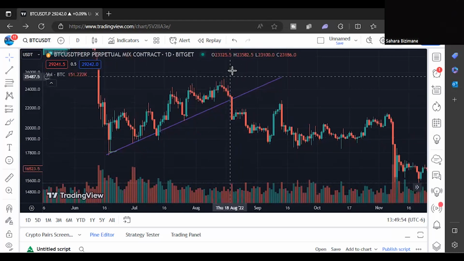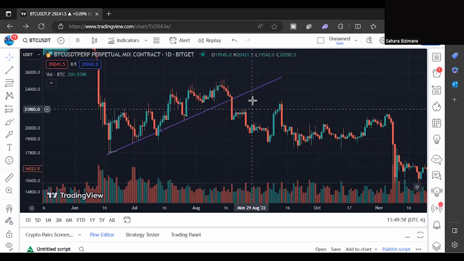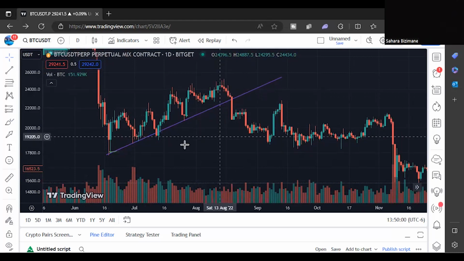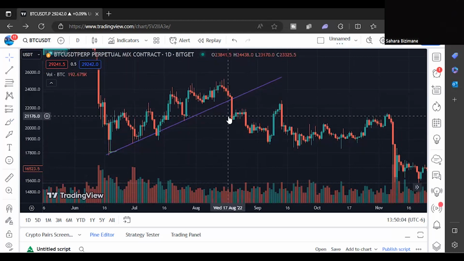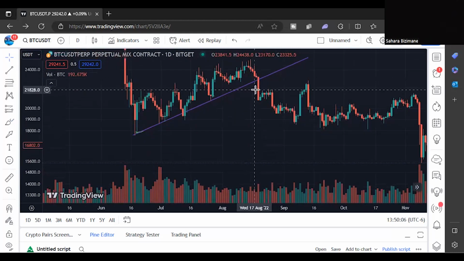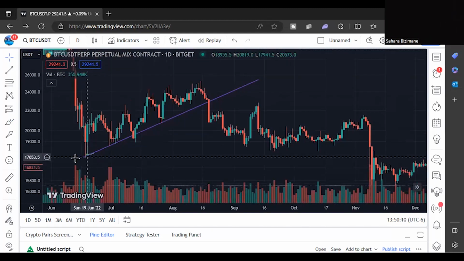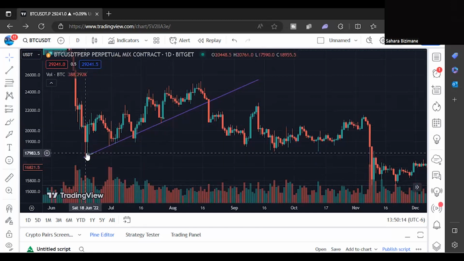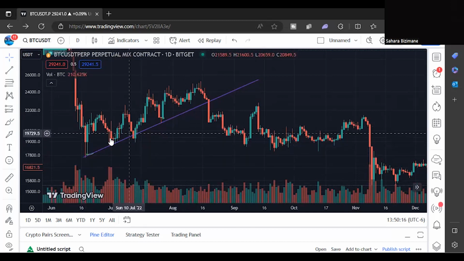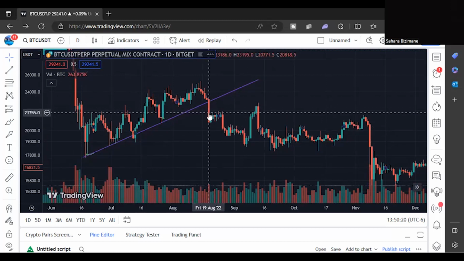When that trend line gets broken, this is your opportunity to short, because the expectation is that the price is going to drop lower. It means the bulls, the buyers, have lost the momentum of pushing the price higher because they broke the trend line.